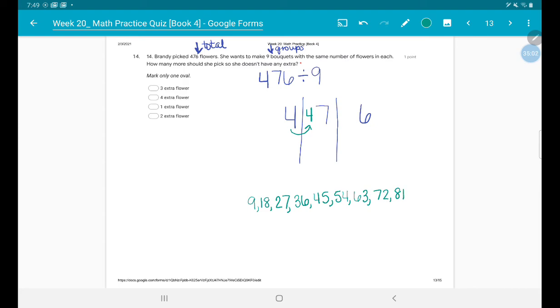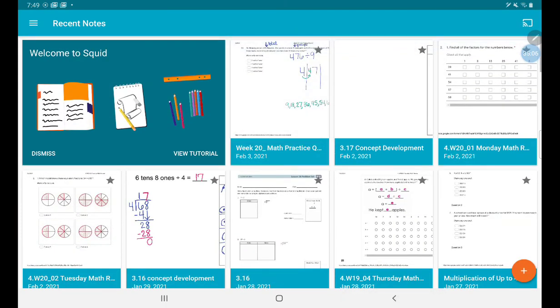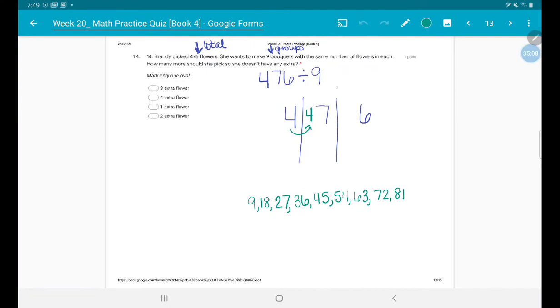Alright, so I'm looking to see what gets me as close as I can get to 47 without going over. Draw my little thinking bubble here. 9 times what gets me as close as I can get to 47 without going over?